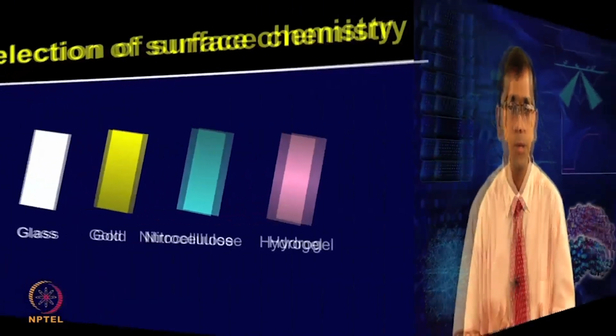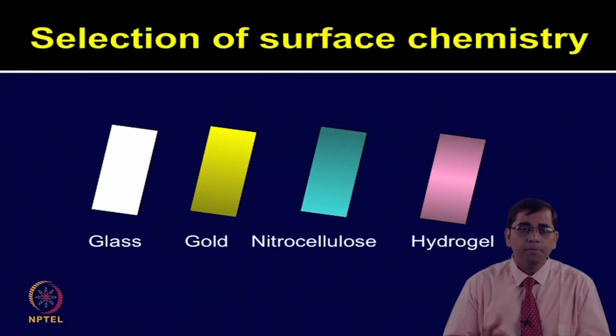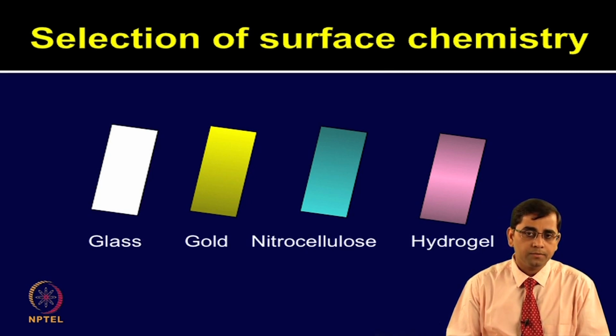If you have a glass slide which is cost effective, it would allow you to perform a large number of experiments. In such a scenario, gold becomes very costly in comparison to nitrocellulose or hydrogels. The reactivity for the glass is moderate, so is the case with nitrocellulose and hydrogels.